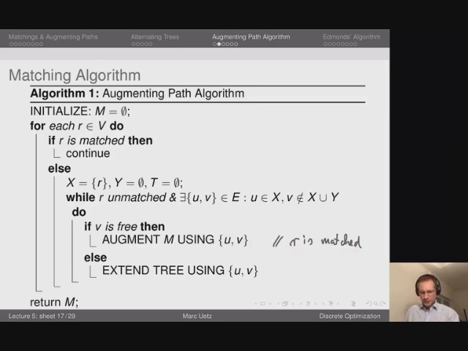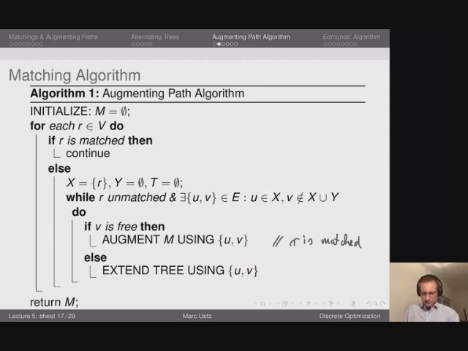Okay. So if we do not find an augmenting path, we just extend the tree using the operation that I explained before. So that means the edge from U to V is added to the current tree T, plus also the matching edge that goes out of V, this unique matching edge.